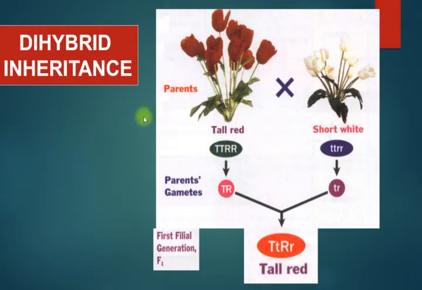So this is another example of dihybrid inheritance that involves two purebred plants, which are tall and red plants, and also short and white plants, with short and white flower color. This refers to the parental genotype, and this refers to the parental phenotype.